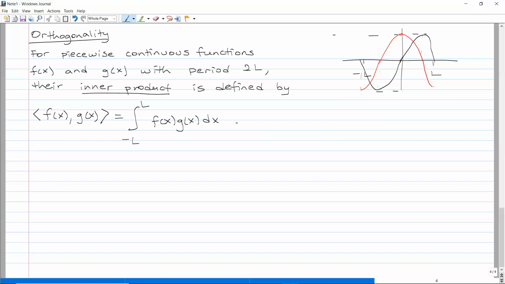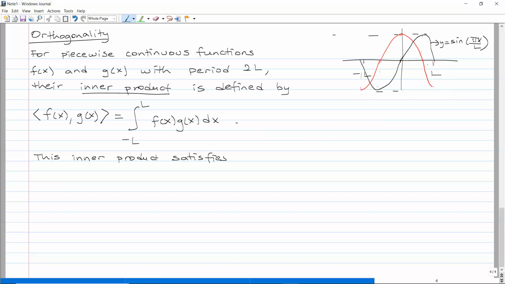Okay, but back to the inner product. We consider this integral from minus L to L. Maybe this is y equals sine of n pi x over L. Here I'm taking n equals 1, so sine of pi x over L. n gives you the number of waves in the interval minus L to L. When n equals 1, you have only one wave.